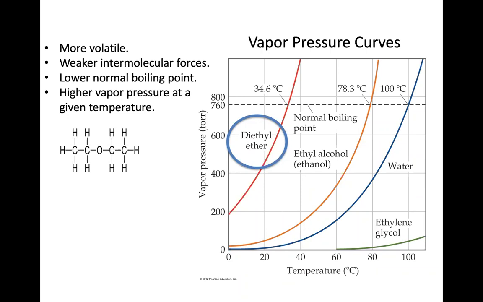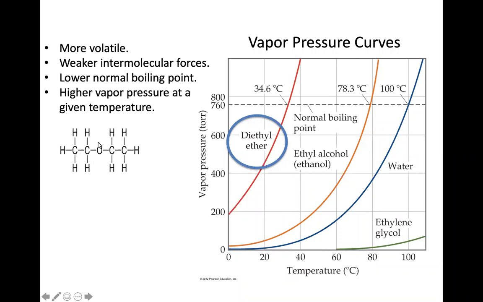I would attribute all of this then, it must have weaker intermolecular forces, because it is more readily going into the vapor, exerting a higher vapor pressure, and has a boiling point that's at a lower temperature. So I'm trying to fit together all of those parts of the description. There's a picture there showing the structure for diethyl ether.